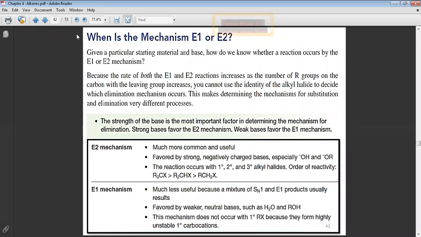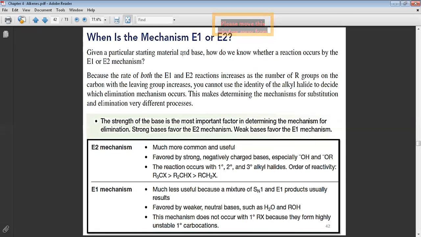And he says, when is the mechanism E1 and when E2? Anytime E1 can happen, anytime E2 can happen. We said before that it depends on the base strength, the base or nucleophile: a strong base and a weak base.